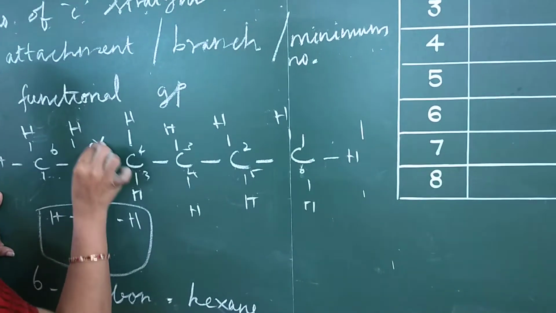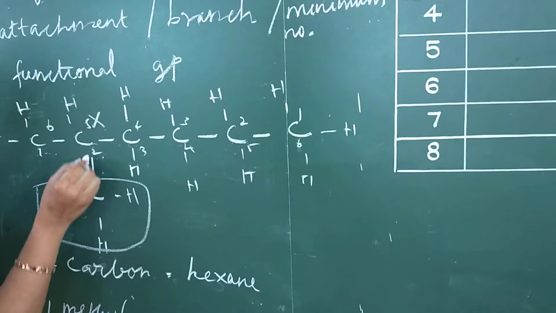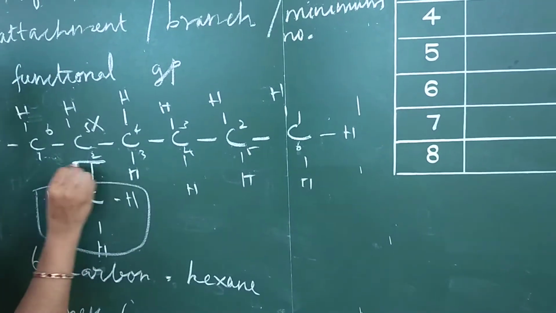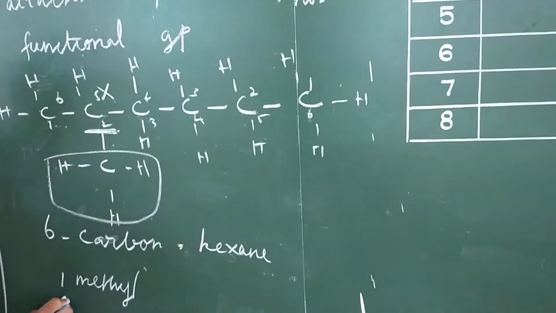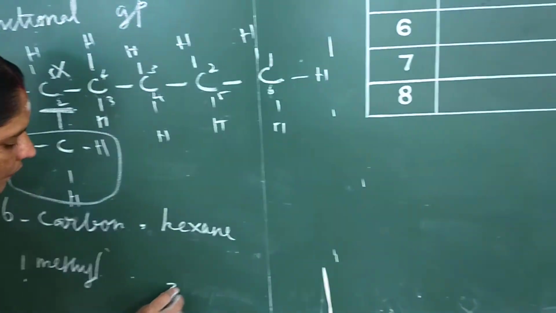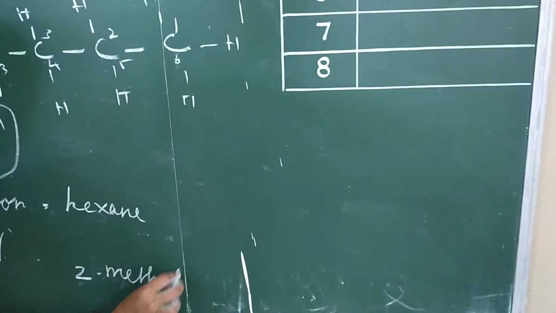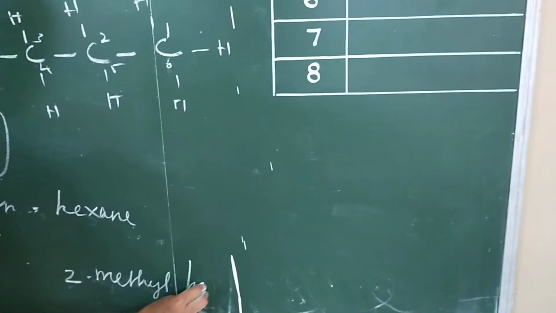So we cannot do 5. Why? We have to give the minimum number. It is attached to the second carbon atom. Which is attached? Methyl group is attached. So how to name it? Second position, methyl is attached. Straight line, hexane.